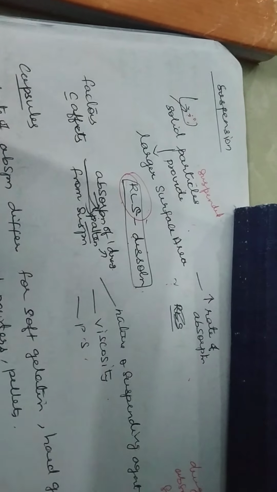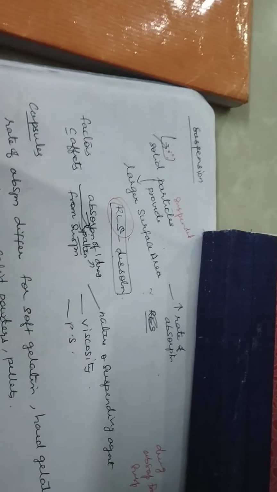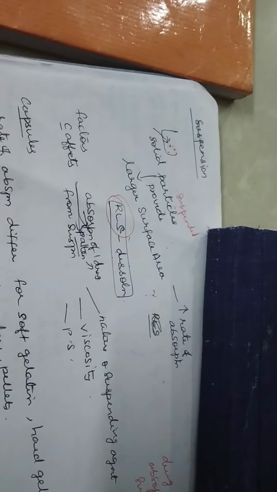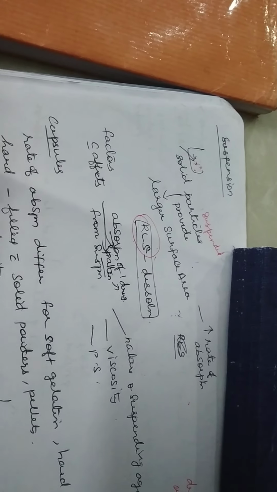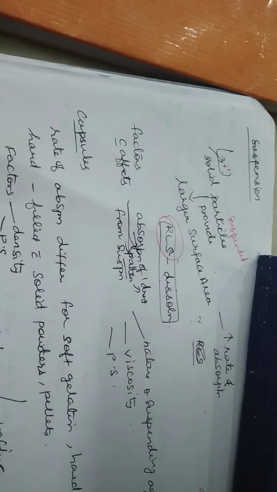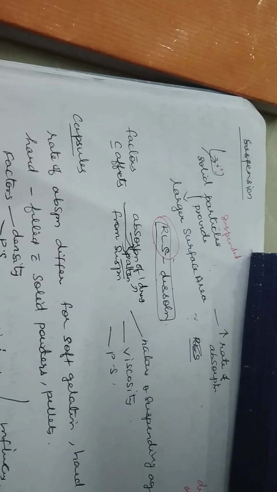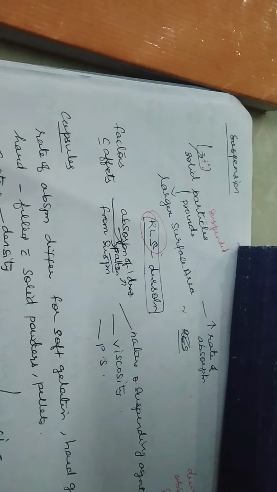The first one is disintegration time, and the second is the manufacturing variable, which we will discuss now. The pharmaceutical ingredients we have already discussed include vehicle, binding agent, disintegrating agent, lubricating agent, surfactant, complexing agent, and colorants.